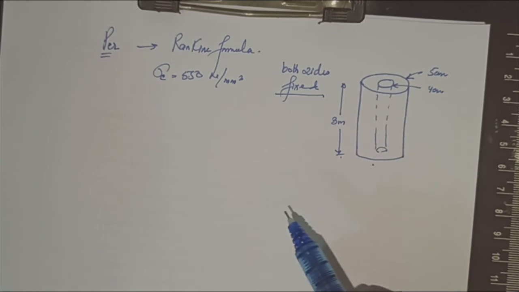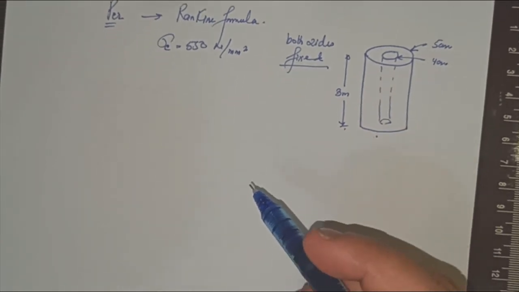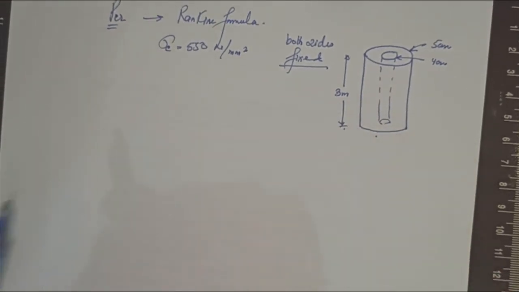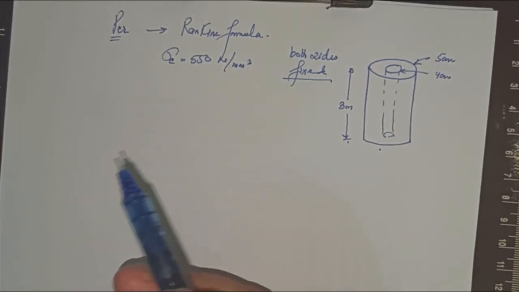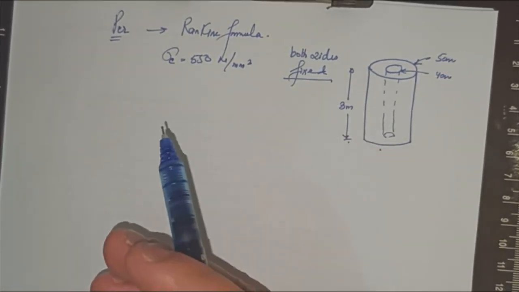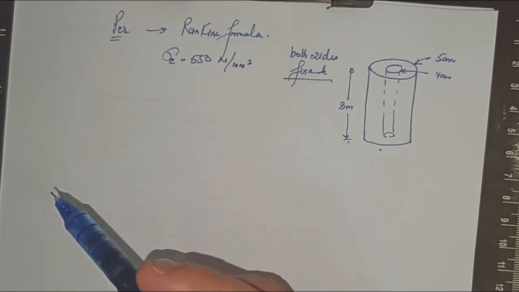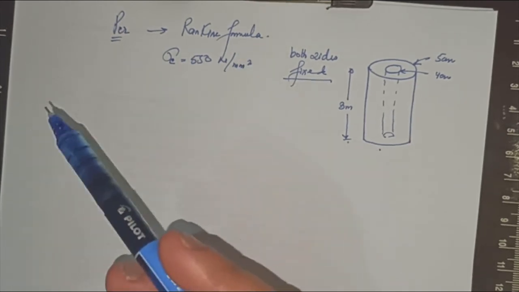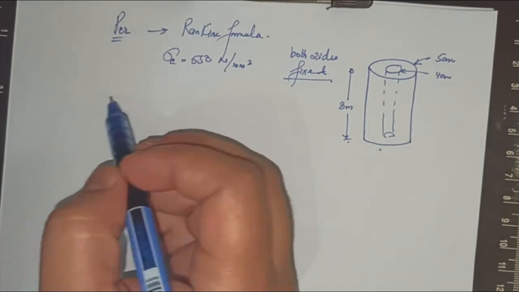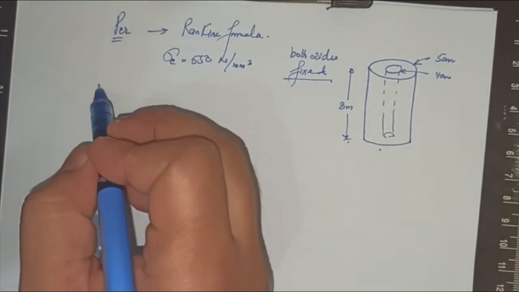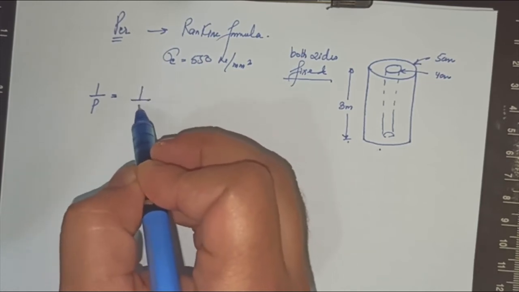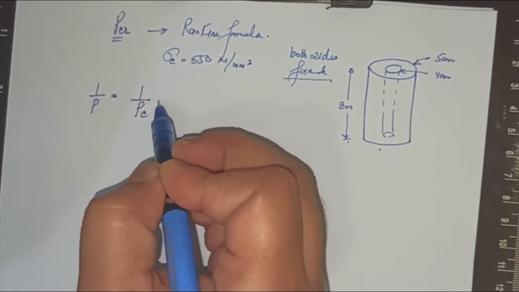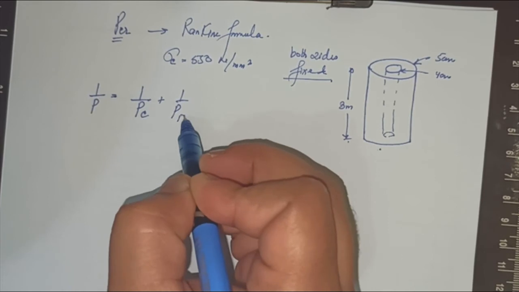Further, there is one more thing given. Before we do this numerical, let's simplify the expression for the Rankine formula. Now we know that the Rankine formula is 1 upon P is equal to 1 upon Pc, the crushing load, plus 1 upon Pe.